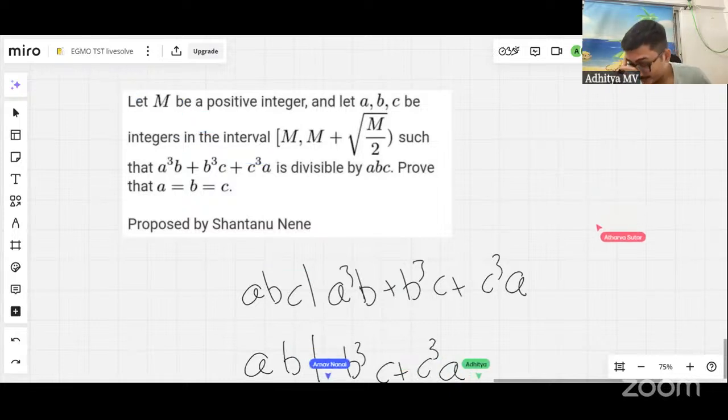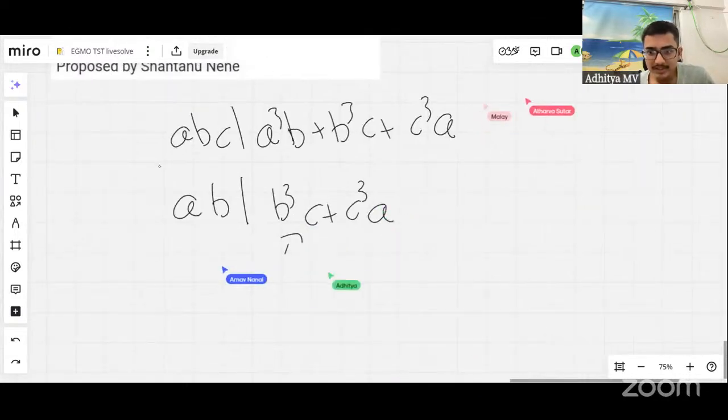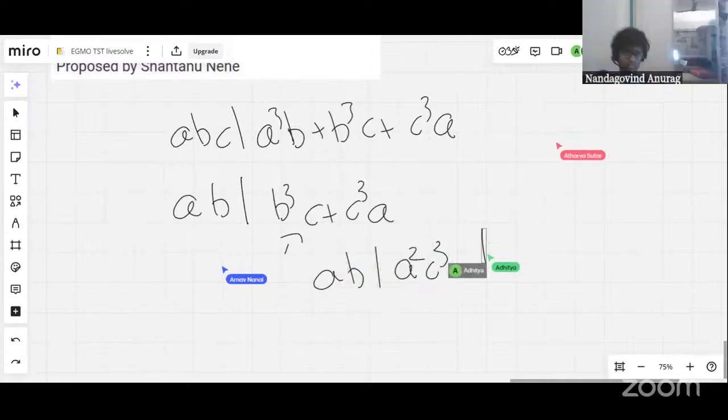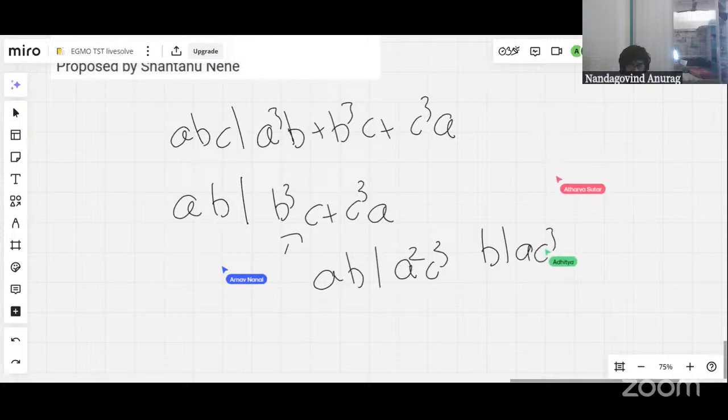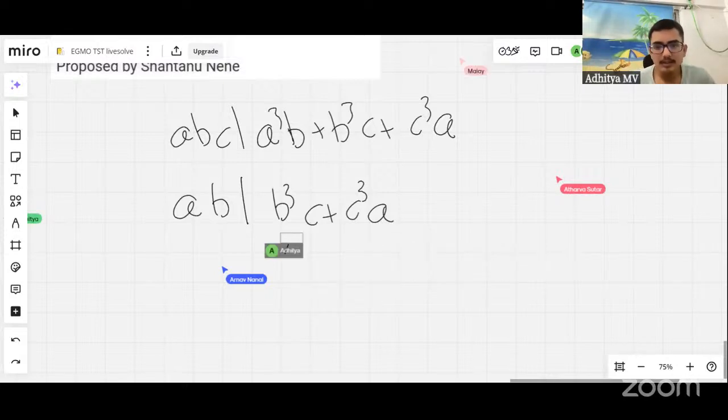If I multiply this side by A, then I get AB divides A square C cube. B divides AC cube. Okay, that was just direct from here. We didn't need to do all this. You can directly say that B divides AC cube.